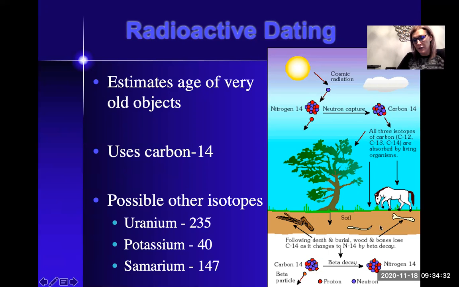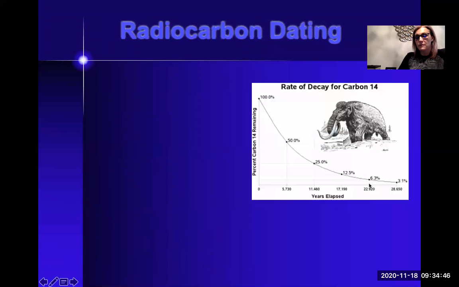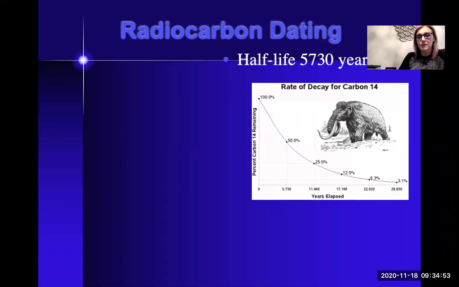They're absorbed by living organisms. If they die, basically the bone loses that carbon-14 and it changes back into nitrogen-14. So that's a beta decay.